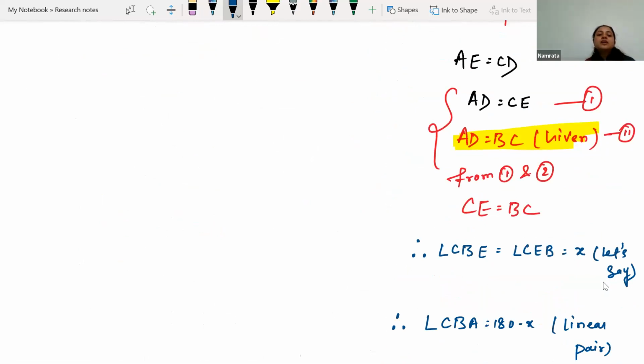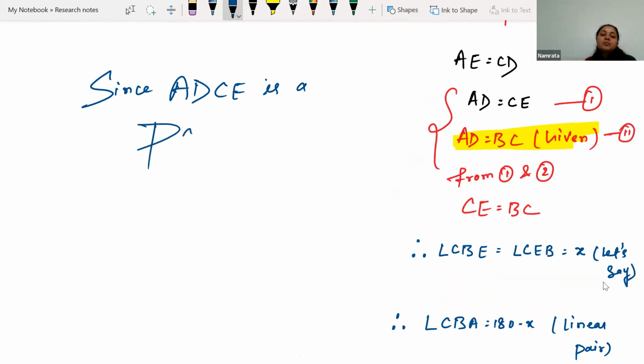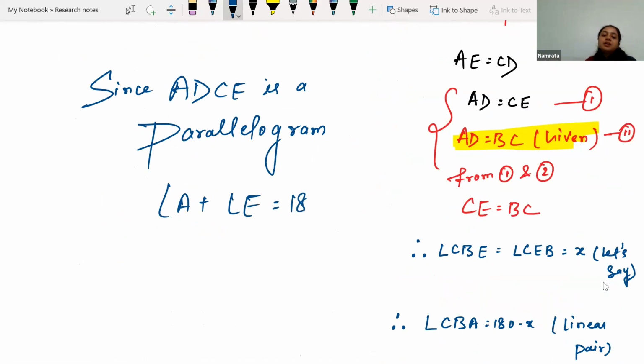So we are saying since ADCE is a parallelogram, angle A plus angle E is equals to 180.